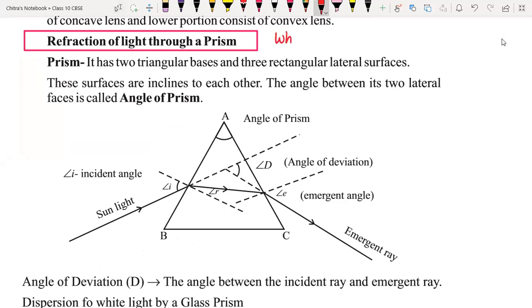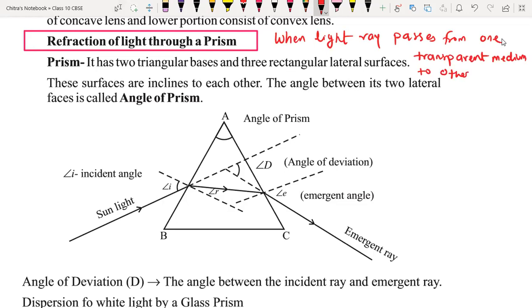When a light ray passes from one transparent medium to another transparent medium, it changes its original path.